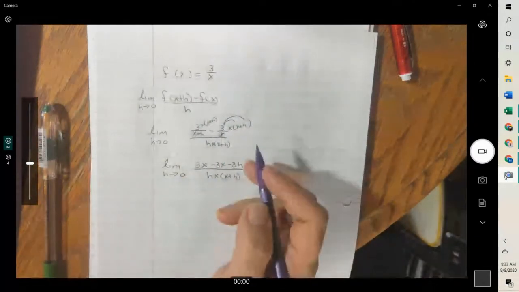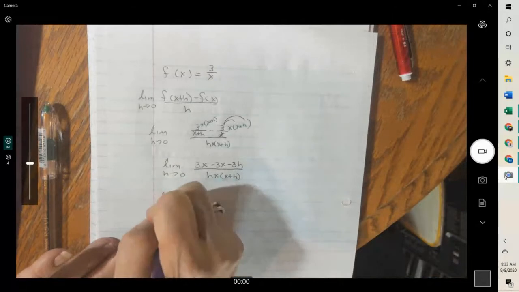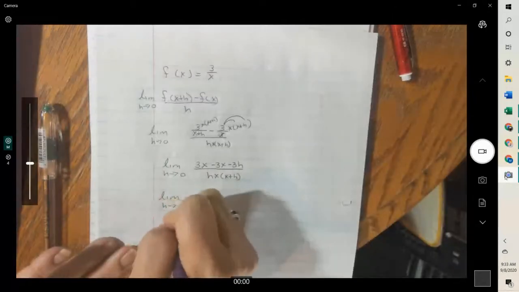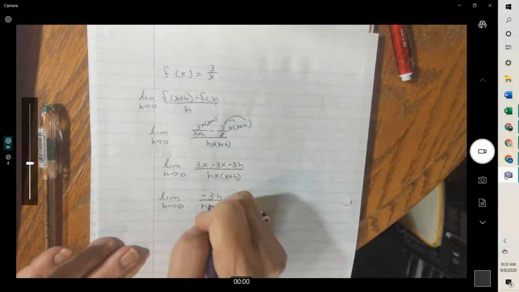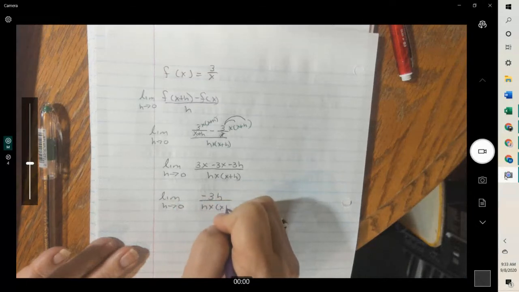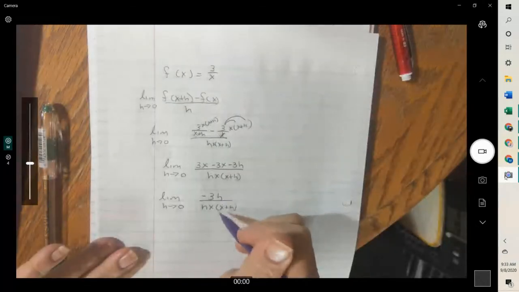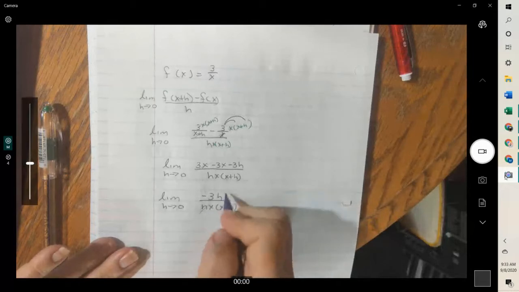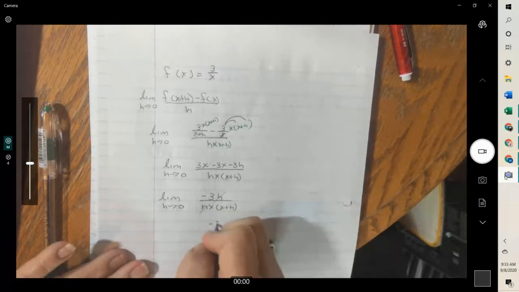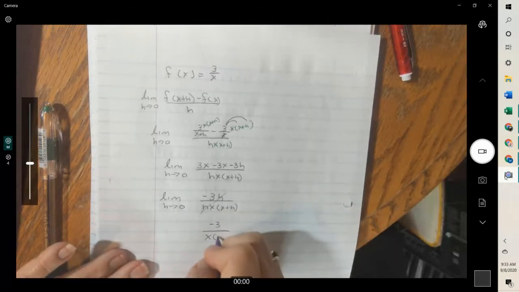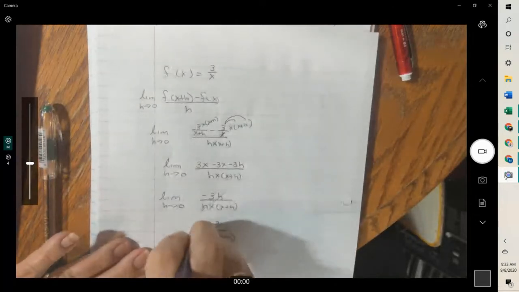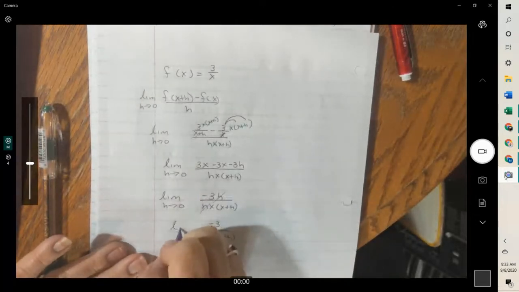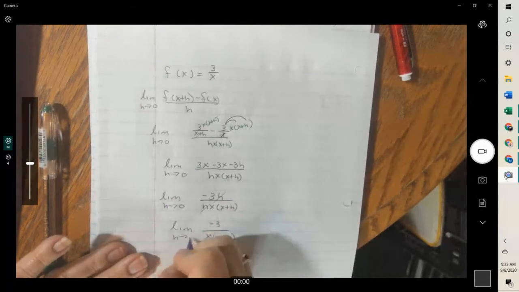Notice my 3x's cancel. So we have a negative 3h over h times x times x plus h. One term on the top, one term on the bottom. Cancel those h's. Keep bringing your limit down.